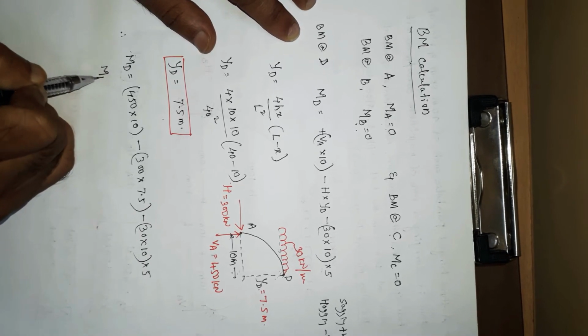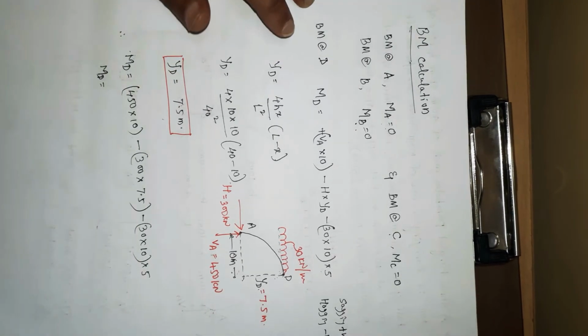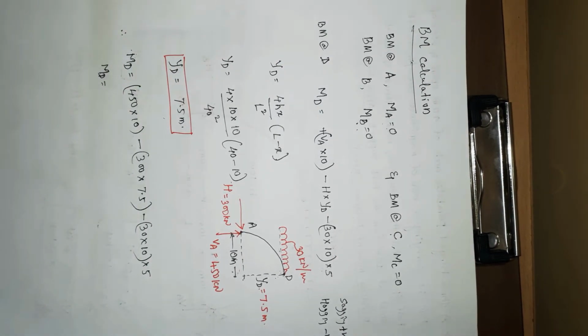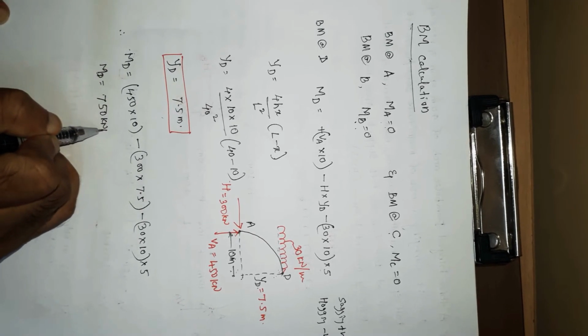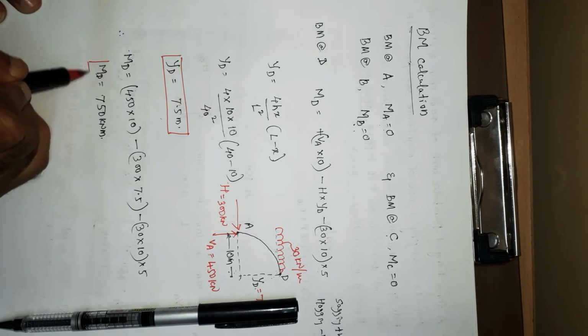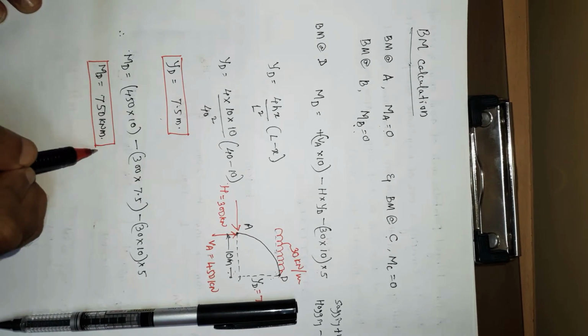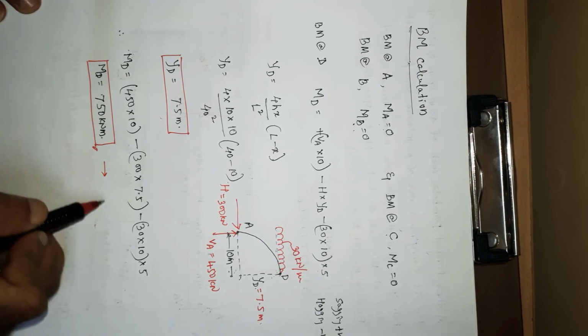So the bending moment at D we get is 750 kilonewton meter.